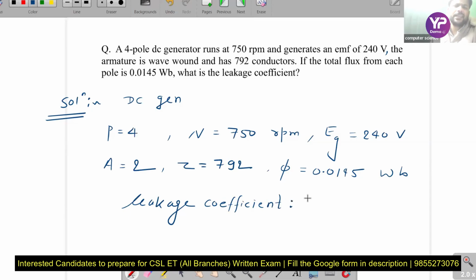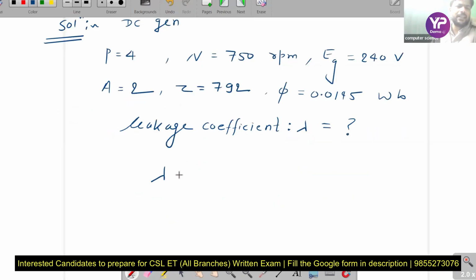Generally, we represent the leakage coefficient by the symbol lambda. Leakage coefficient lambda is equal to useful flux per pole upon... here by mistake we said a wrong formula.